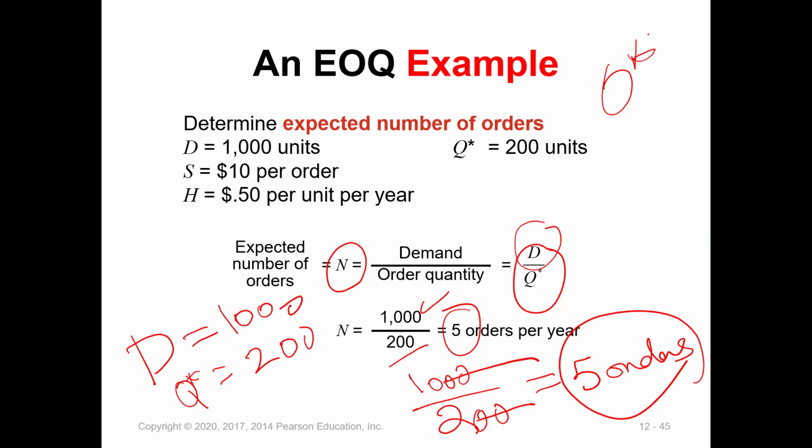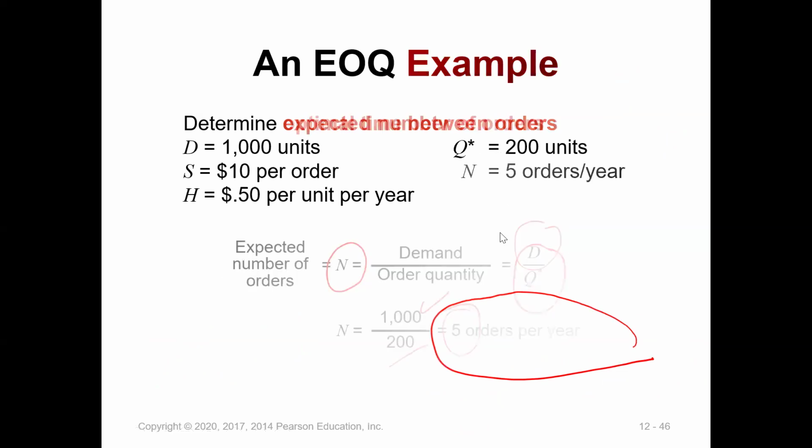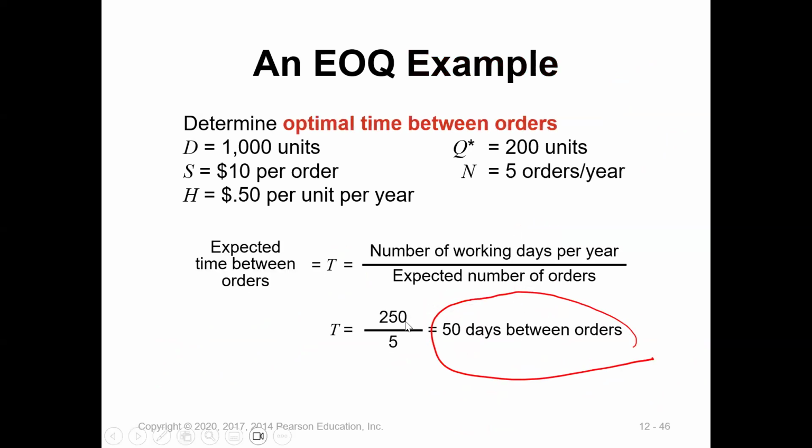Okay, so now we can calculate the Q star and the number of orders, n. Determine optimal time between orders. Of course, we said we have 5 orders. Number of working days per year is 250.